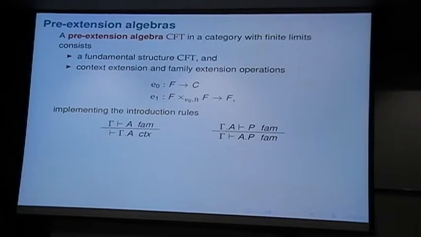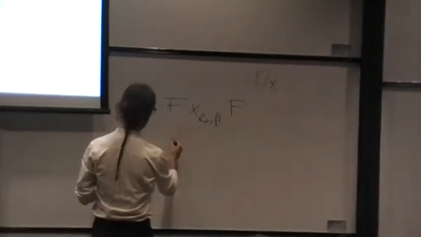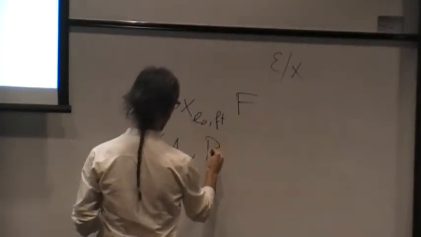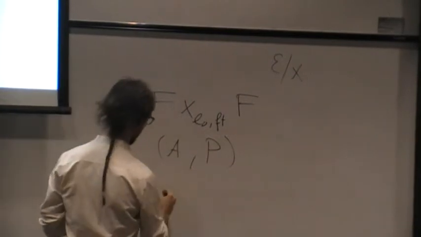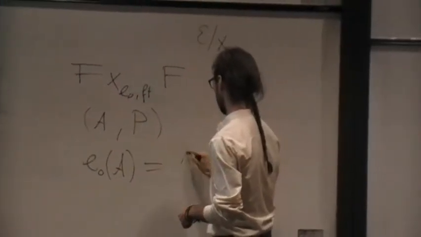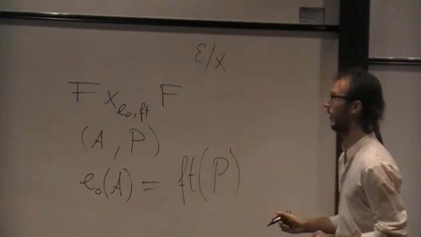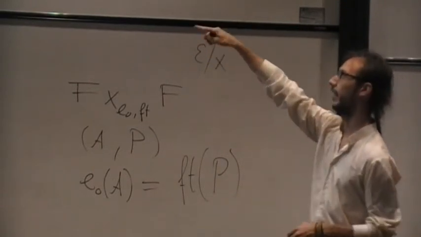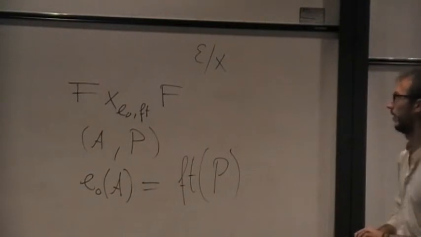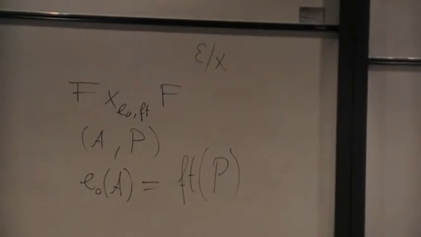So what does that mean in the category? This family here, F, E0, F, consists of pairs A and P such that E0 of A is the underlying context of P. So that's saying exactly the upper thing of this rule. That's why you need, in particular, this pullback.